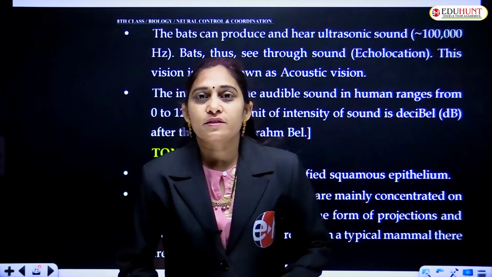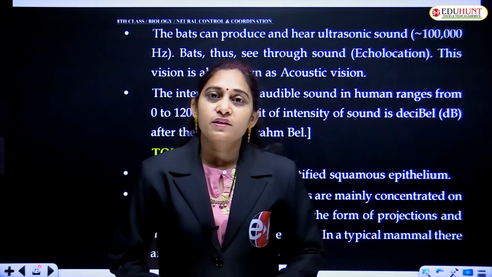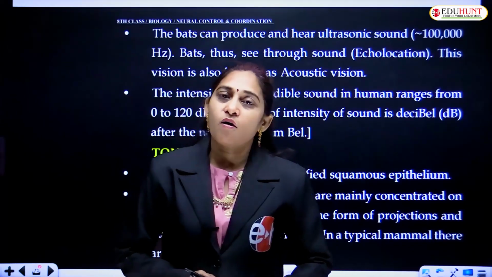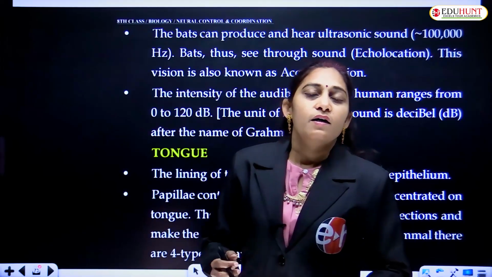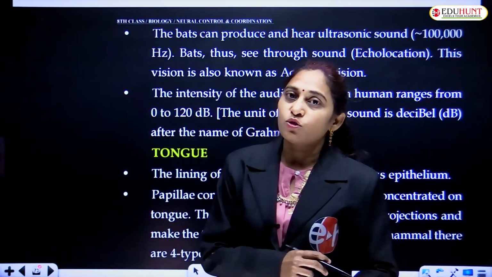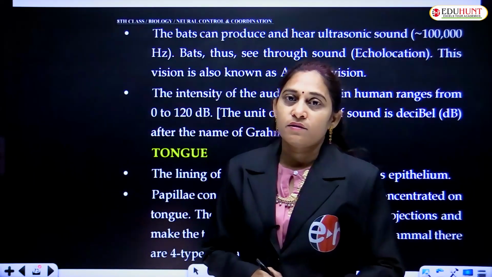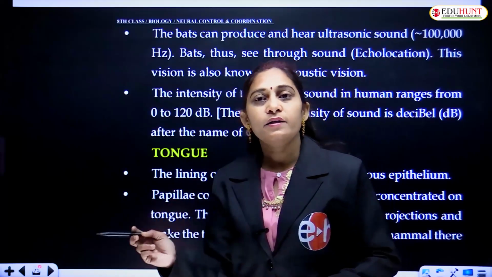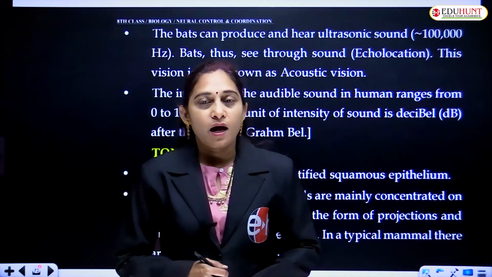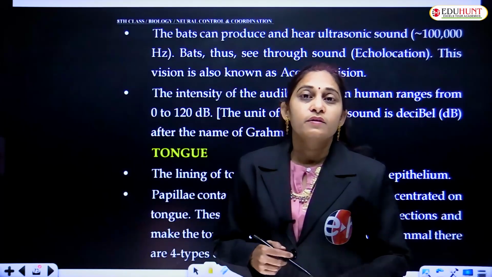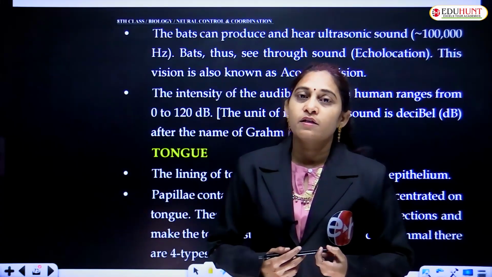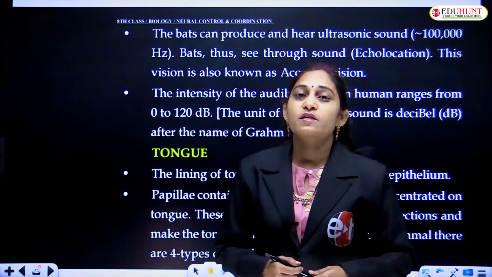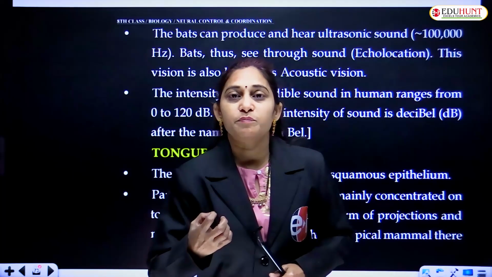In the previous session, we discussed one sensory organ, that is the ear. We have finished two sense organs, that is the eye and the ear. The eye is the organ which functions like a camera.